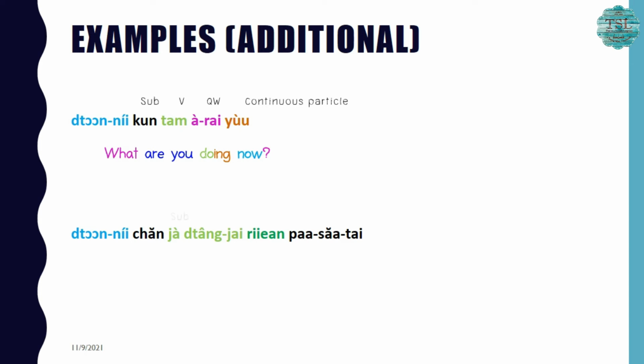It has ฉัน as a subject, จะตั้งใจ, which means will pay attention to, as the verb number 1, and then เรียน, which means to study or to learn, as the verb number 2, and then ภาษาไทย as an object. So this sentence means after this I will pay attention to study Thai. Will you?